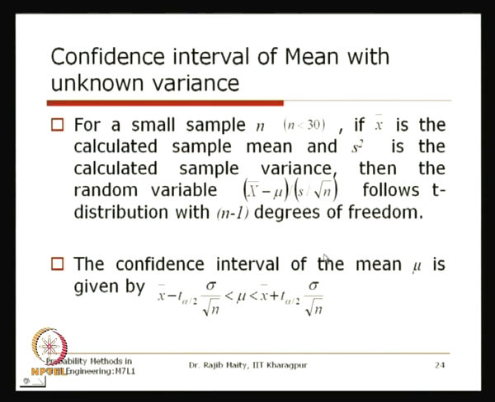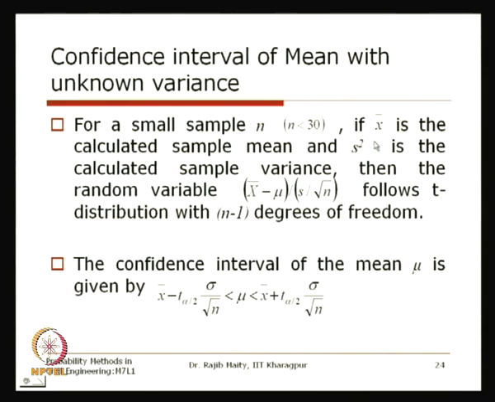Now, as we are discussing, this holds if the sample is large, more than 30. In the other case, if the sample size is small, say less than 30, and x bar is the calculated sample mean and s square is the calculated sample variance, then the random variable (x bar minus mu) divided by (s by square root n) follows a t distribution with n minus 1 degrees of freedom.